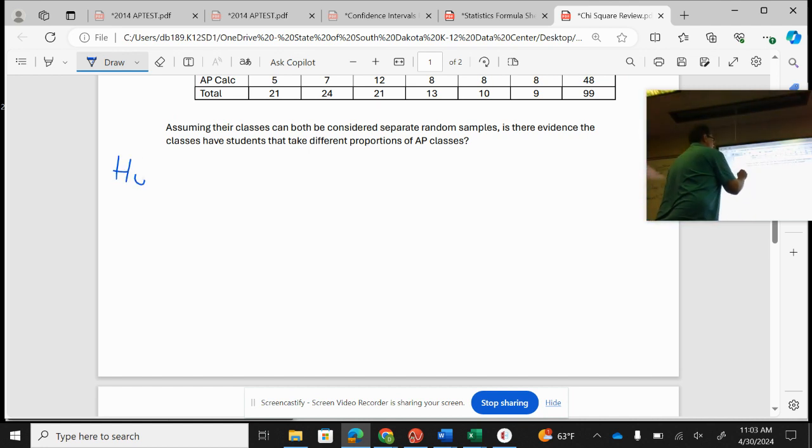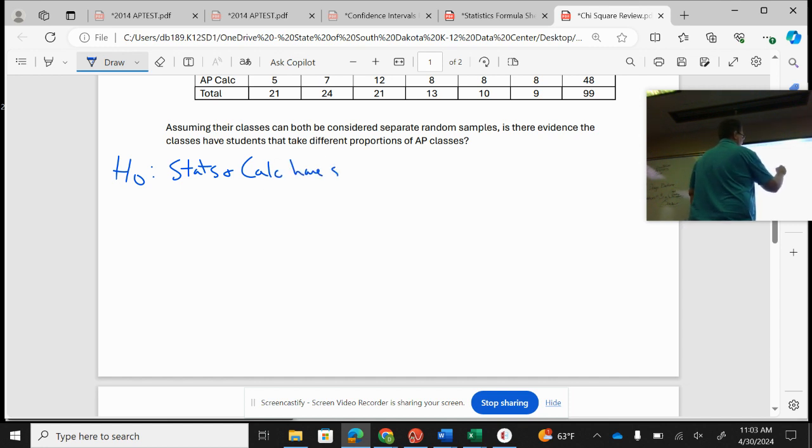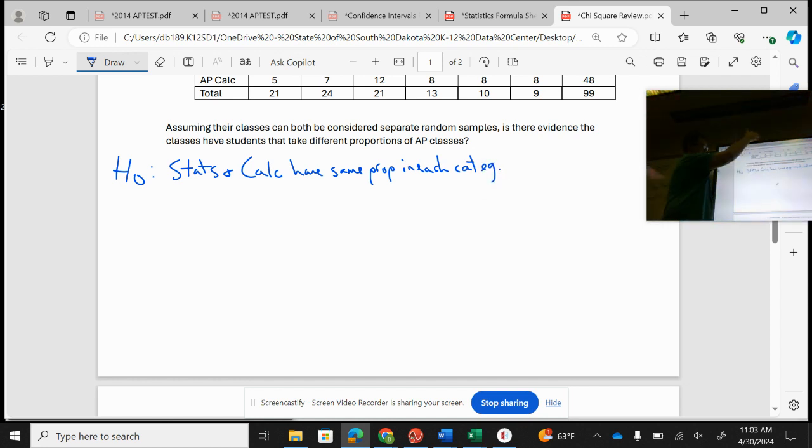Our null hypothesis is that stats and calc, the two groups, have the same proportions in each category. Okay, that the groups have the same proportions in each category.